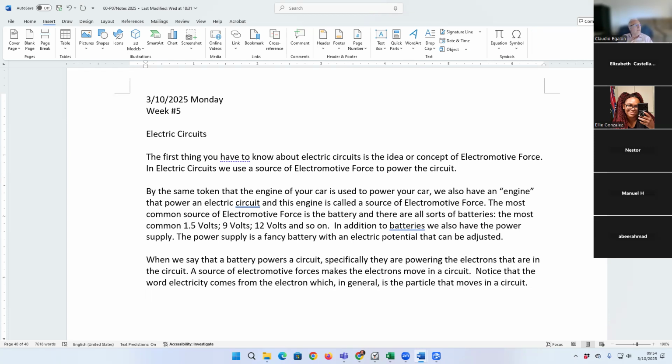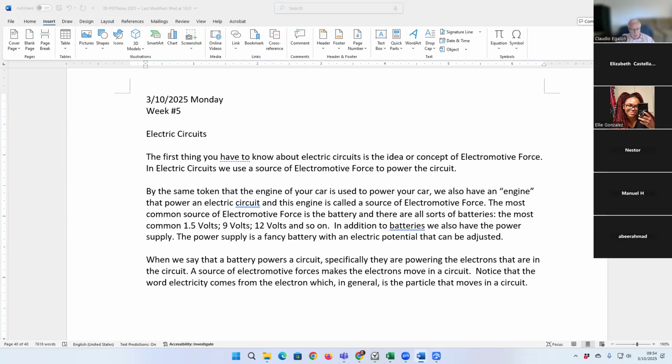It's not 100% true, because we can get other types of circuits in which an ionic atom can move in the circuit as well. But the circuit that we're interested in is the one that uses metals, wires.